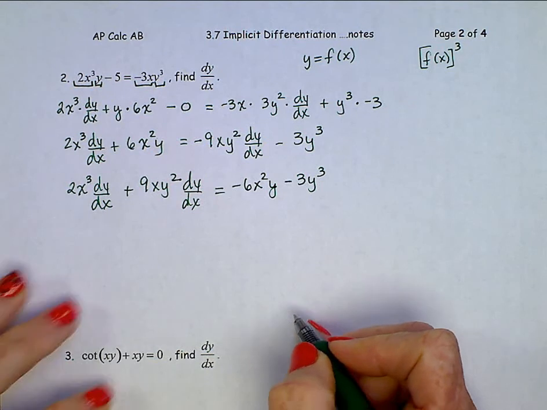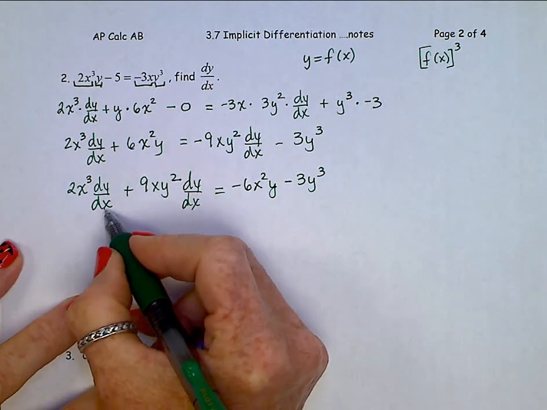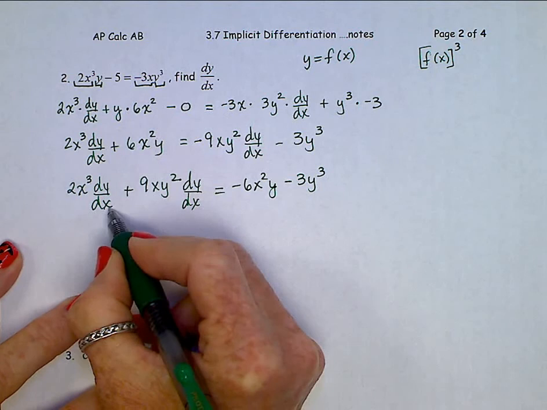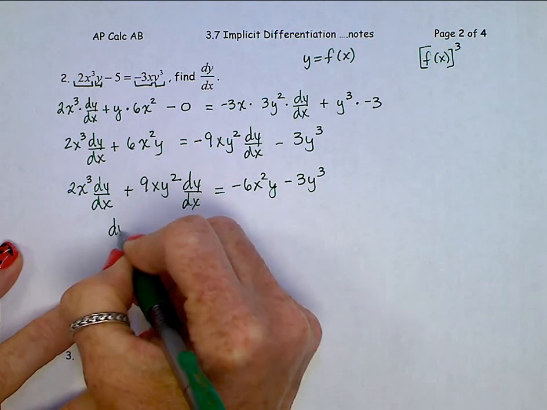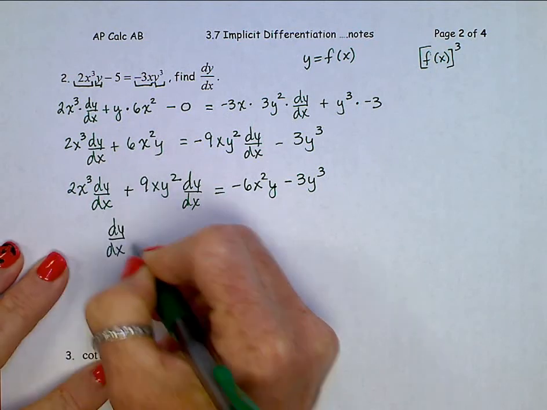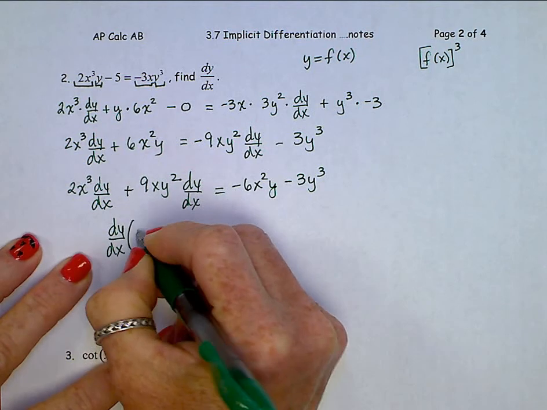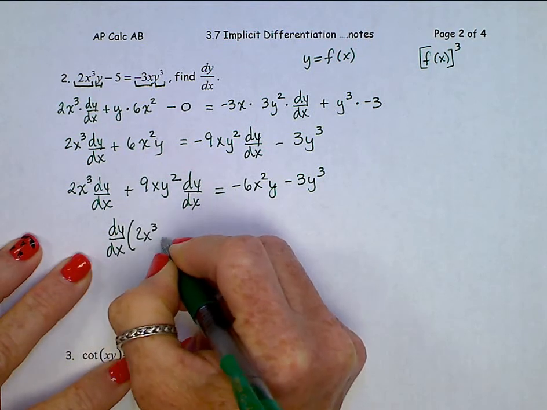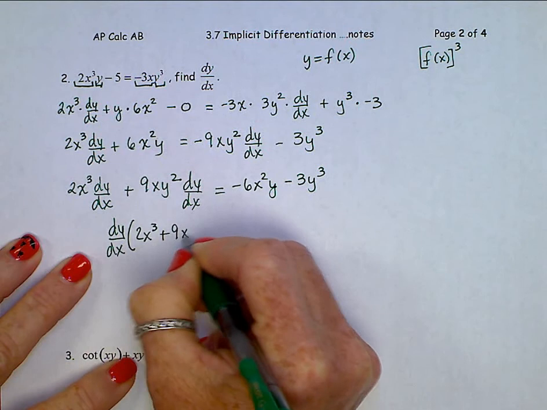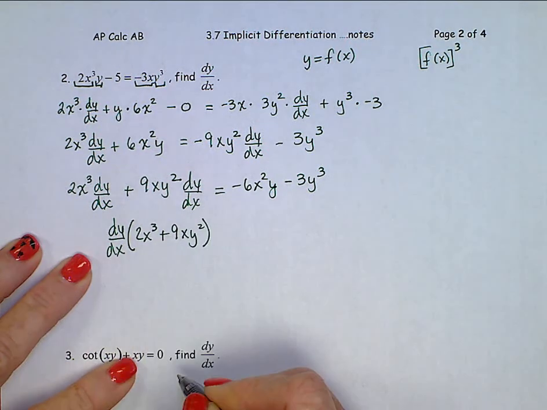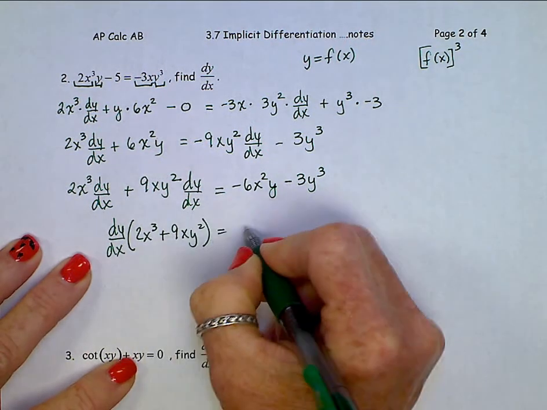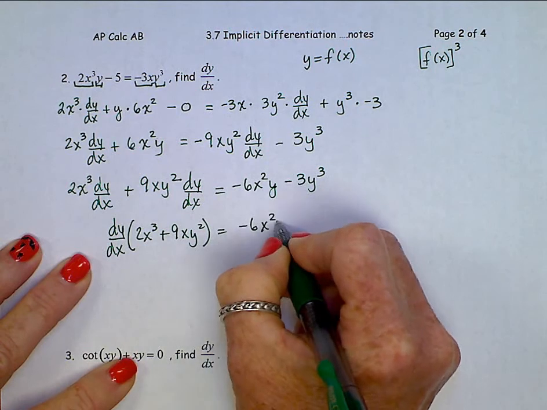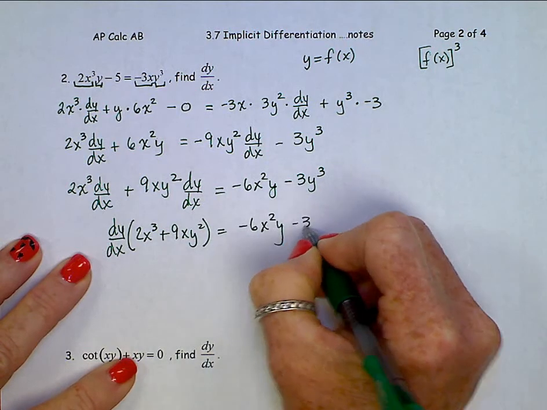Again, we're solving for dy dx, so let's factor out that dy dx. Dy dx times a 2x cubed plus a 9xy squared equals a negative 6x squared y minus a 3y cubed.